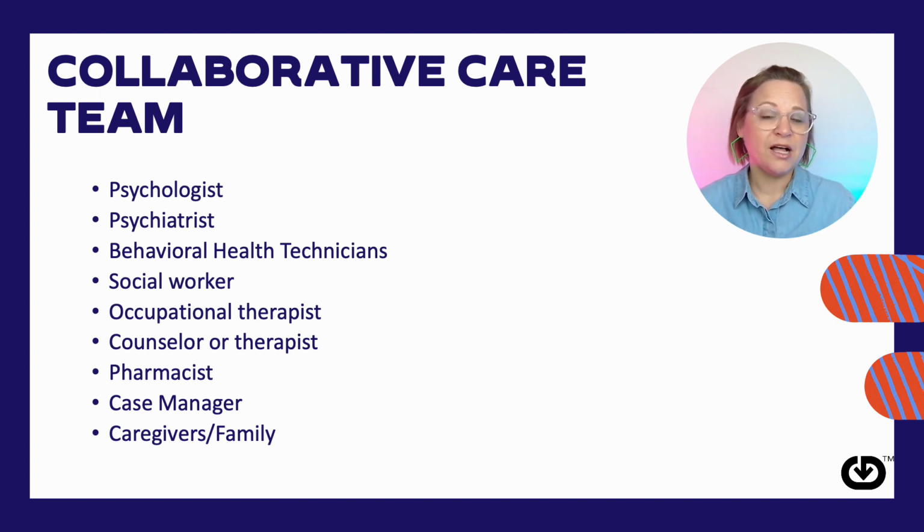The psychologist can help to interview patients, diagnose, and provide counseling to patients. A psychiatrist is a medical doctor who can also diagnose, and in their role, they can prescribe medications. So both can help patients come to having a mental health diagnosis. One can provide counseling and the other provides medication.